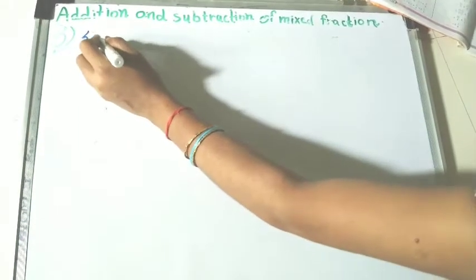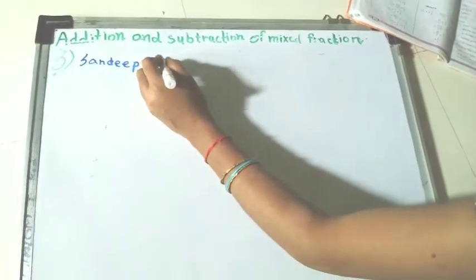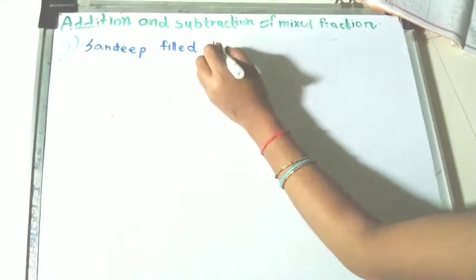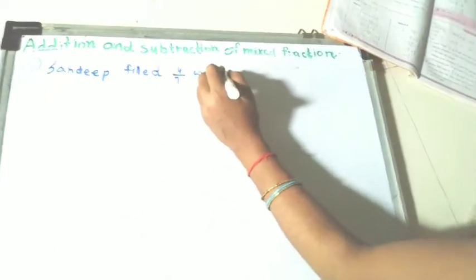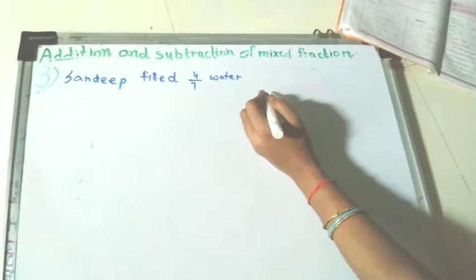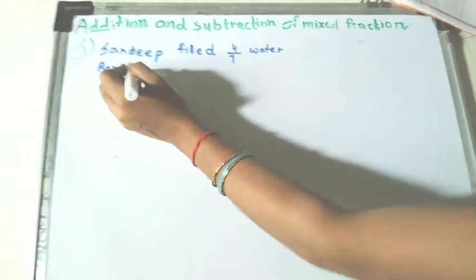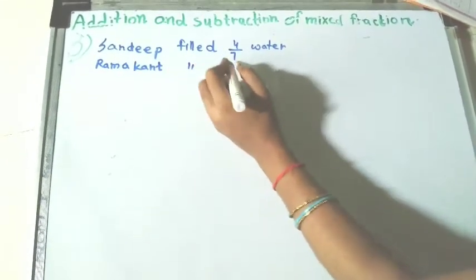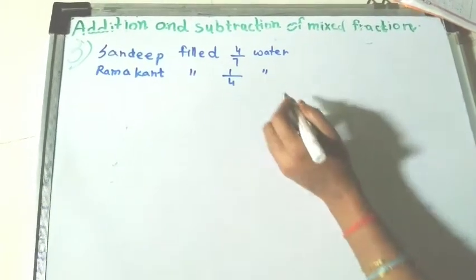See the question. Sandeep filled 4 by 7 water. Ramakant filled 1 by 4 water.